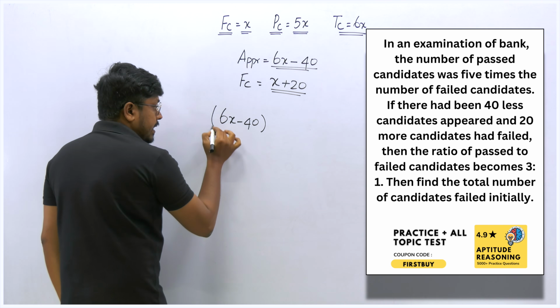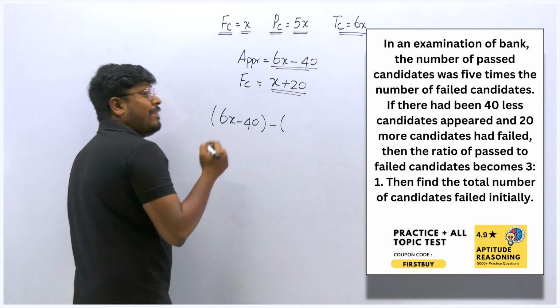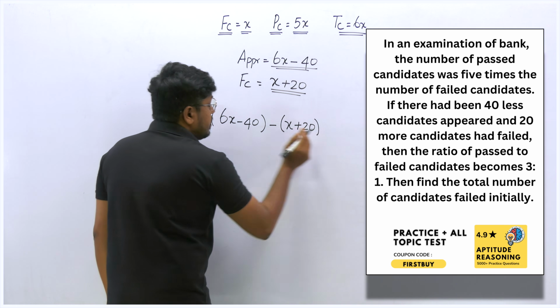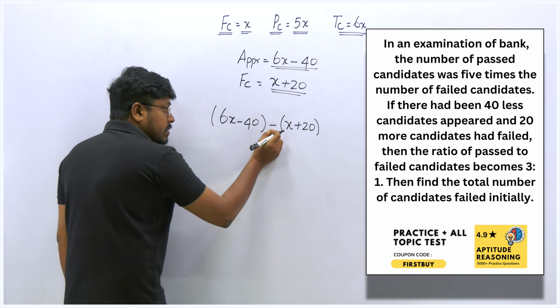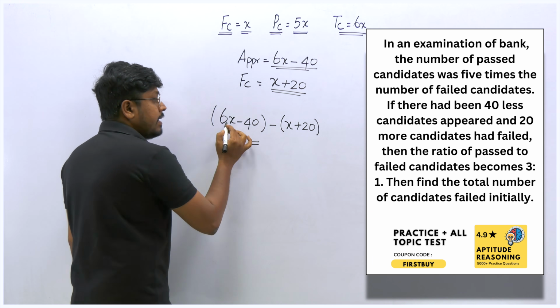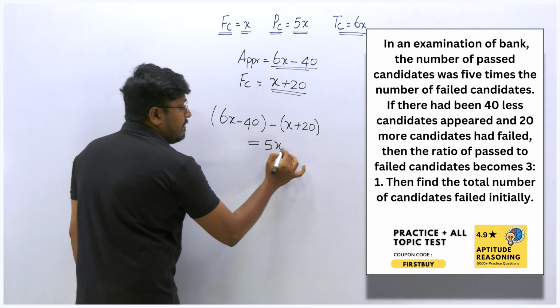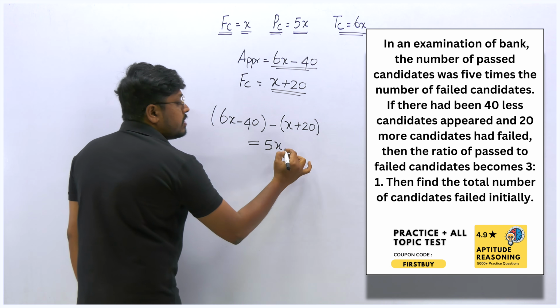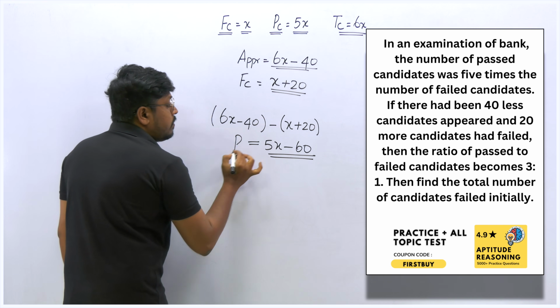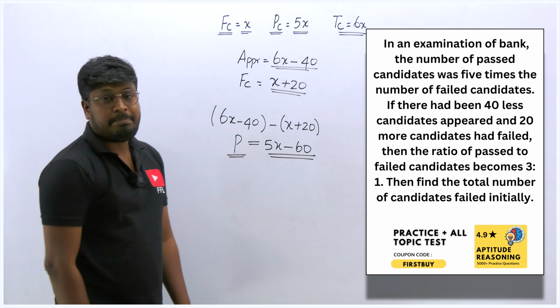So total minus the failed candidates, which is X plus 20. The resultant will be the passed candidates. So 6X minus X will be 5X, and minus 40 minus 20 will be minus 60. So 5X minus 60 out of the total appeared will be the passed candidates.